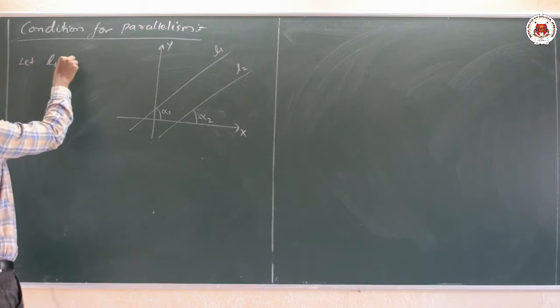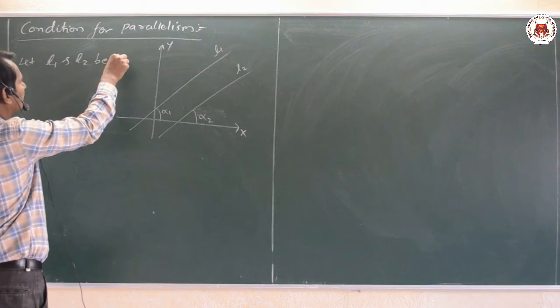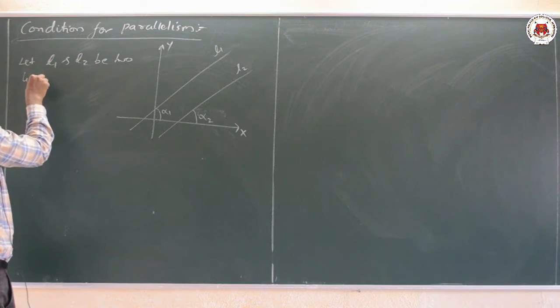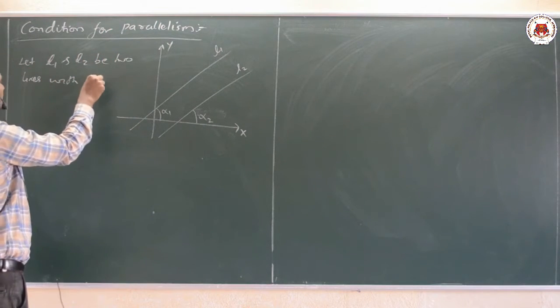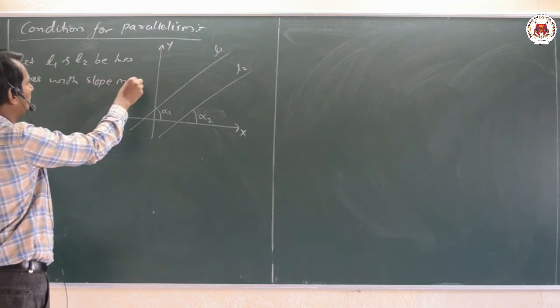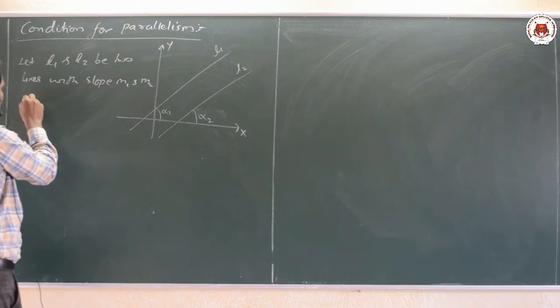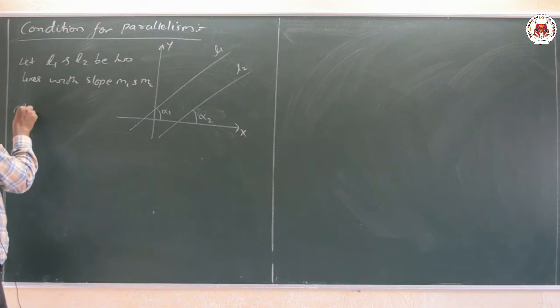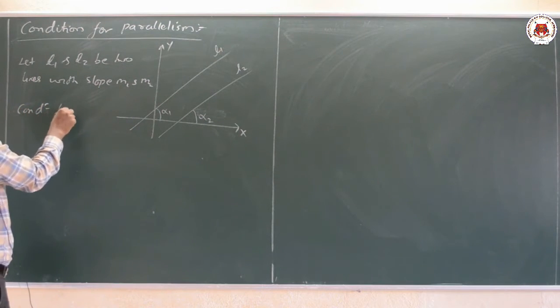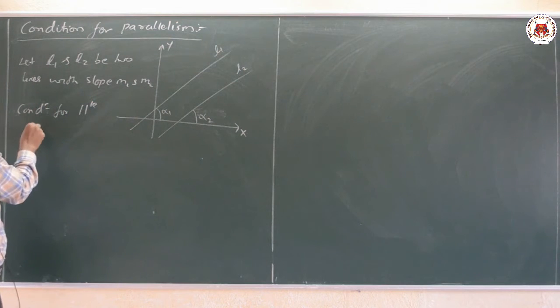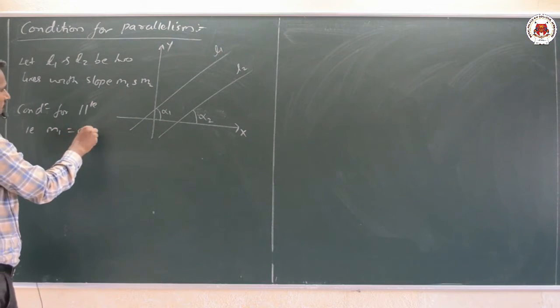Let L1 and L2 be two lines with slopes m1 and m2. So the condition for parallel is m1 is equal to m2.